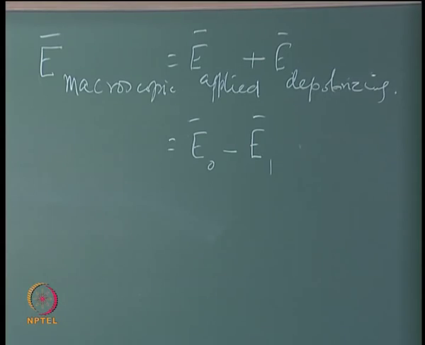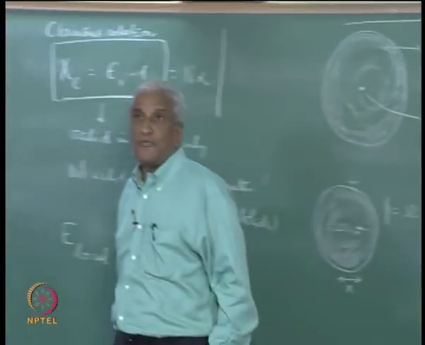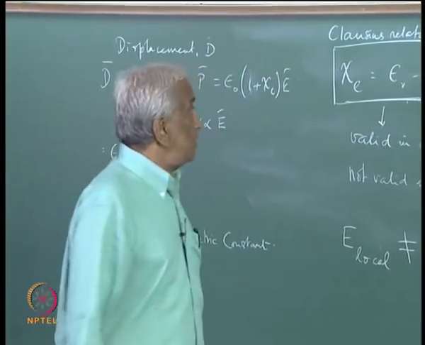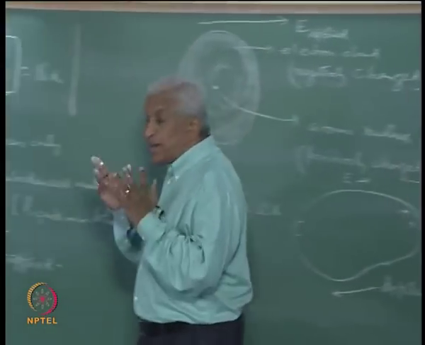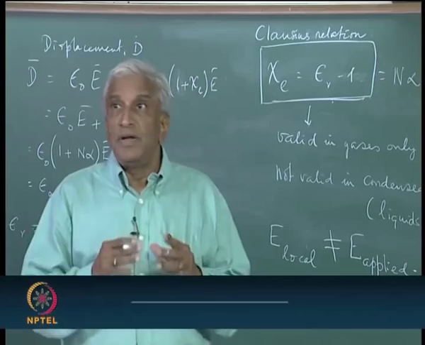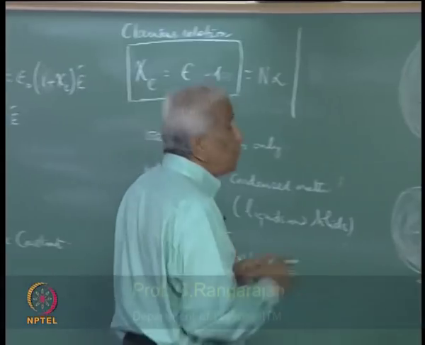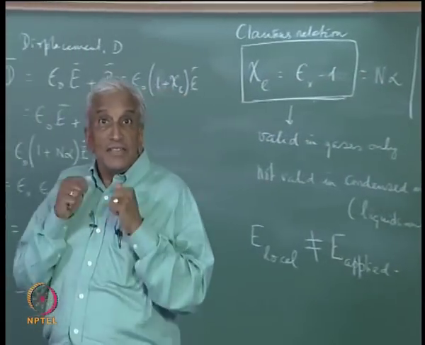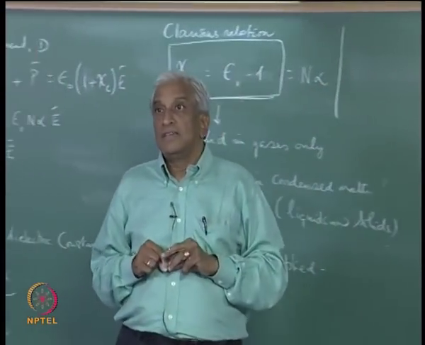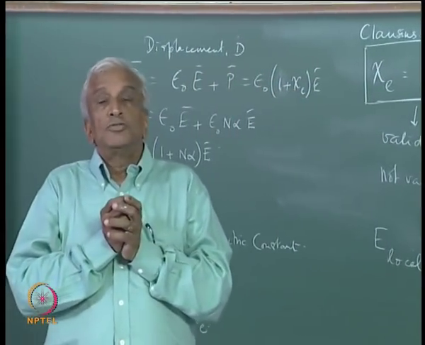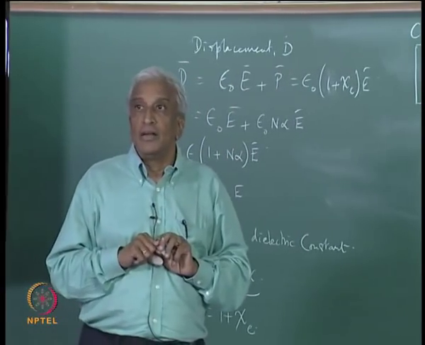If you have an ellipsoidal specimen, if your dielectric is in the shape of an ellipsoid, this depolarizing field can be shown to vanish. But in all other geometries, when the specimen shape is different from an ellipsoid, then the depolarizing field does not vanish, but even when it is not 0, it can be determined for standard geometries such as a spherical specimen or a long thin rod and so on.